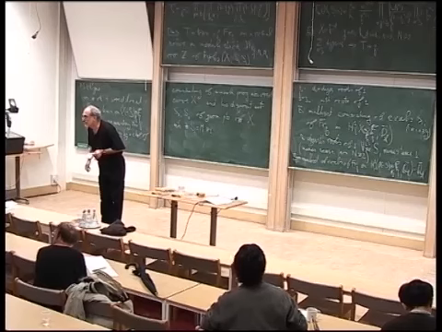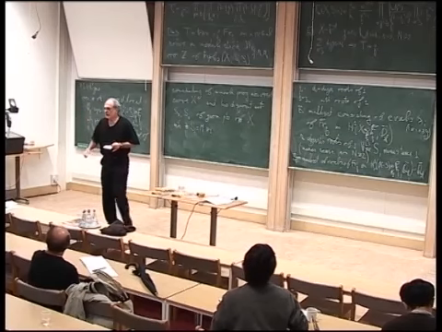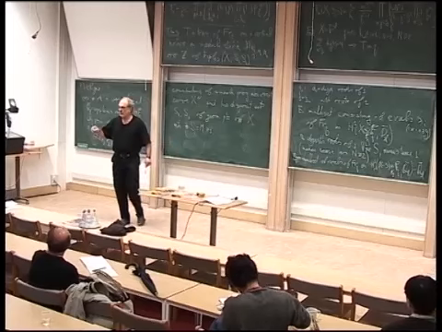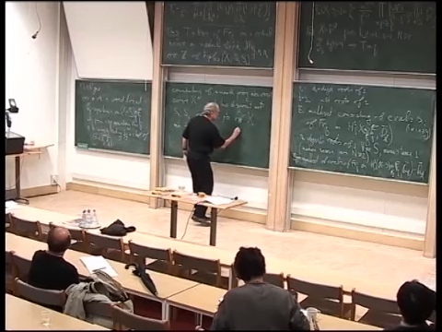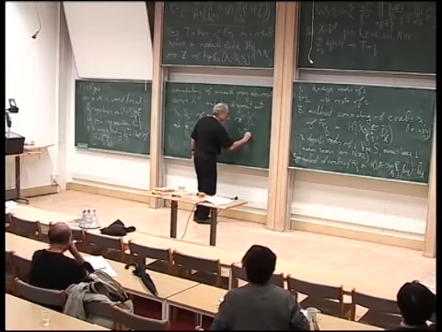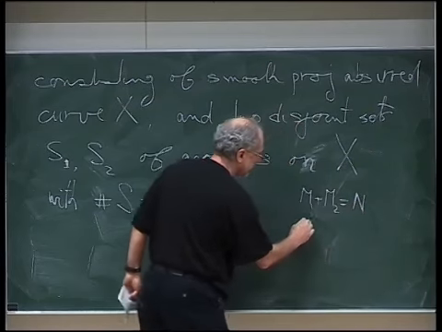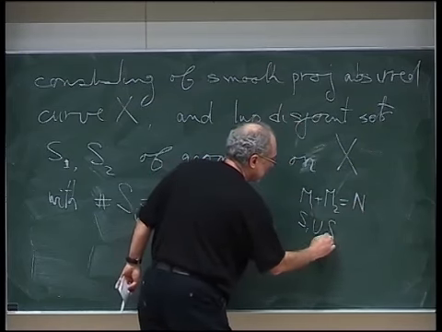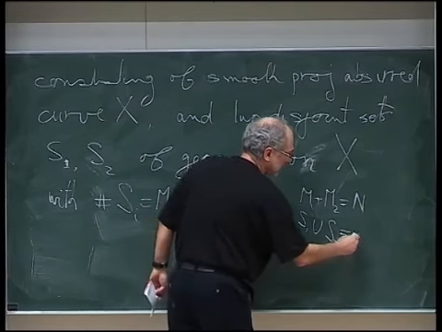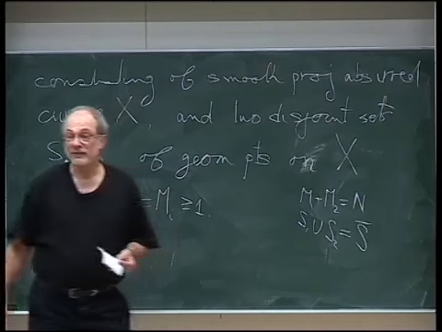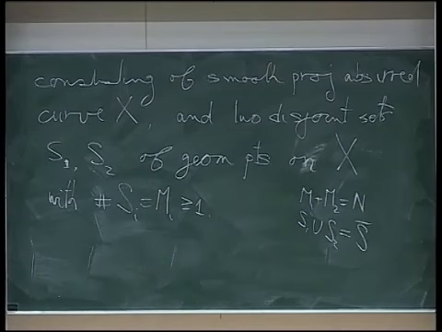How is S related to S1 and S2? S is the union, so we would have that m1 plus m2 is n, and so S1 and S2 will be the geometric points. And it doesn't depend on the choice?